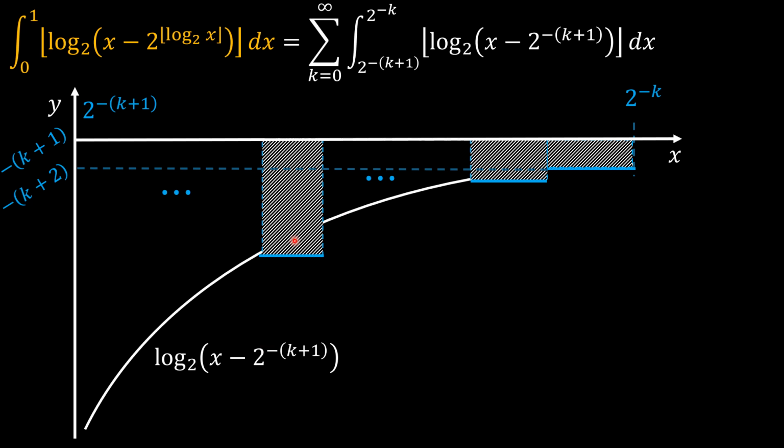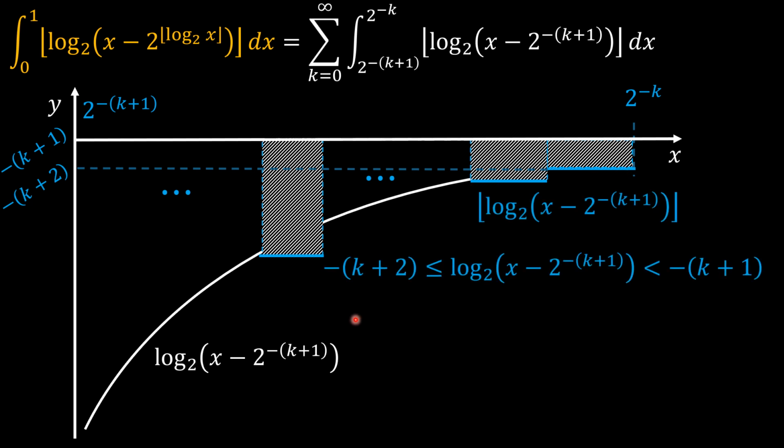So we have now rectangles that we can just add up, and we see that the height is obviously a negative value lower than, for example, negative k plus 2, because that's the integer lower than negative k plus 1. And so on and so on. So our floor is going to be that.